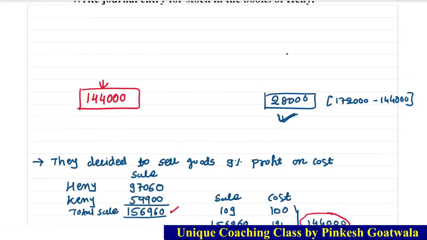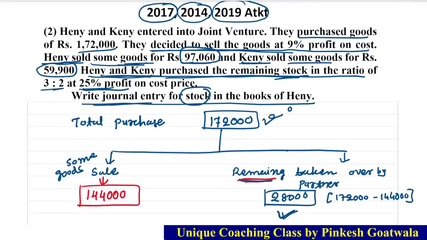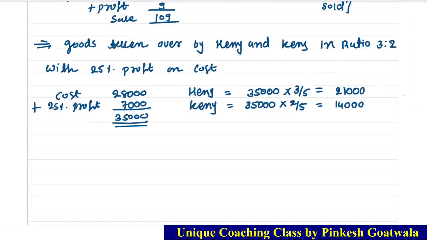Now the last point, what do we have to write? We have to write the journal entry for the stock in the books of Henny. So I will prepare an account here so you will get the idea. In the books of Henny, the entry has to be given in joint venture.